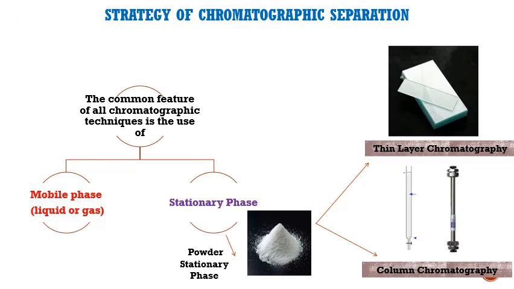Okay, and the other type is column chromatography, in which the stationary phase is either packed onto a column, such as the burette, and we will show you how this is done, or it can be packed onto a stainless steel column, as is the case in HPLC, high performance liquid chromatography. This instrument will be discussed further in the lectures.